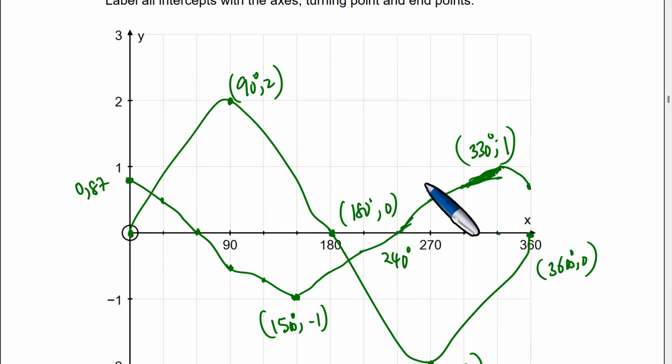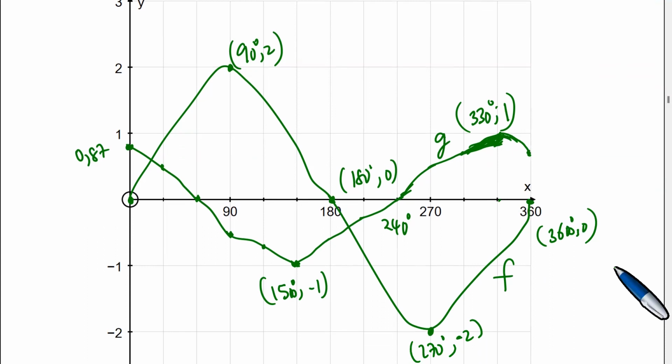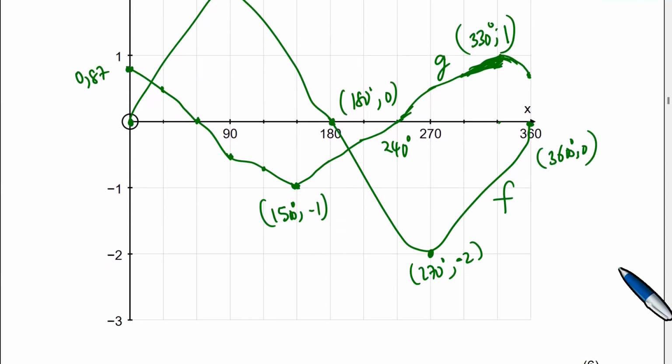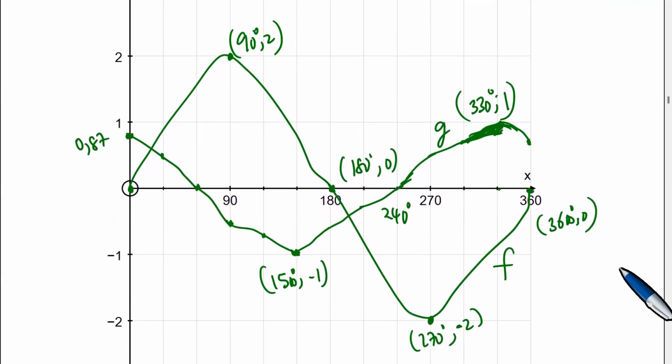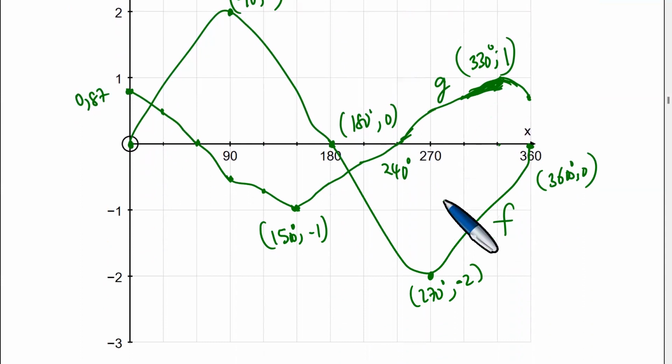So this one is G. So we have this. That's the answer. And these are the graphs here for the G function and the F function. Okay, the F is this. Next question.